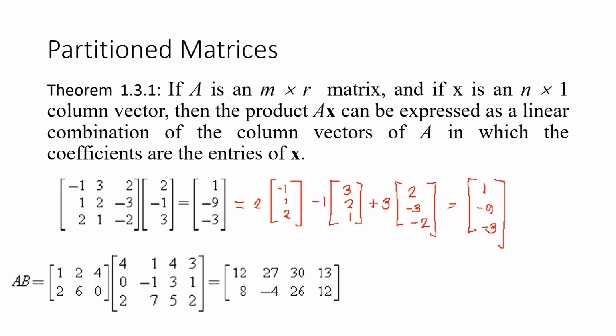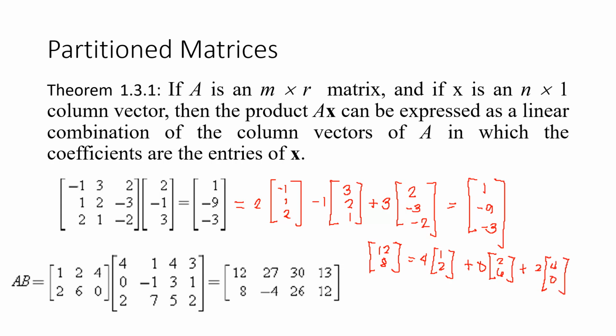And then for the next, if you have AB, which is equal to that one, it follows that you have 12, 8 would be equal to 4 times 1, 2, plus 0 times 2, 6, plus 2 times 4, 0.